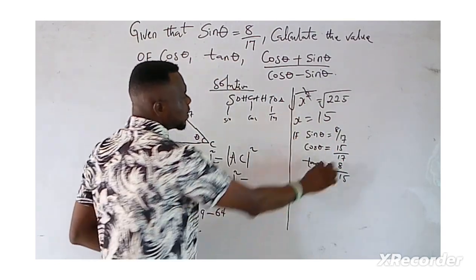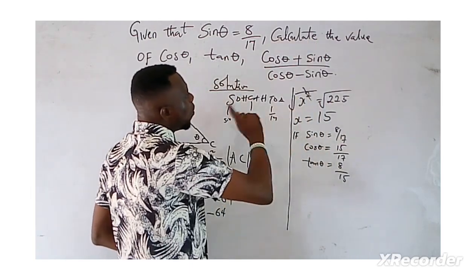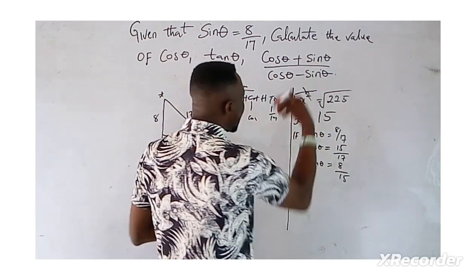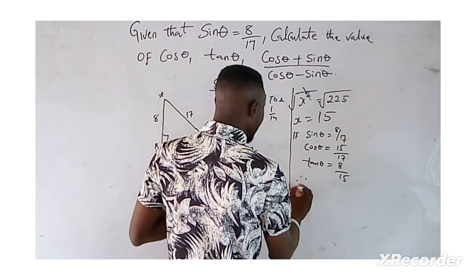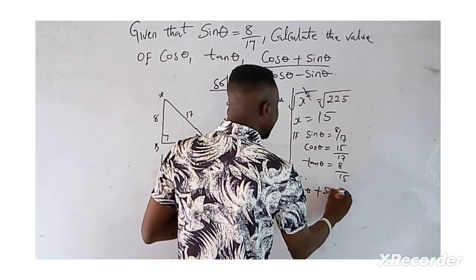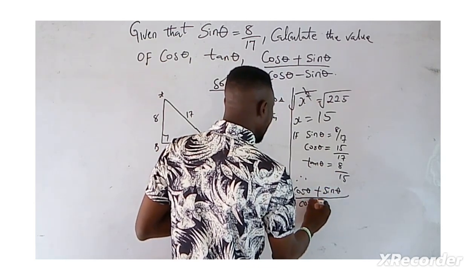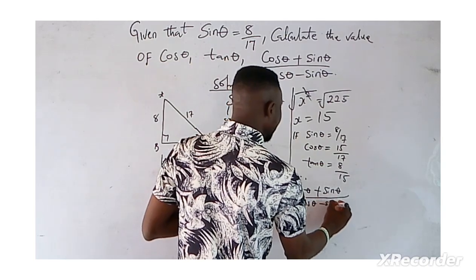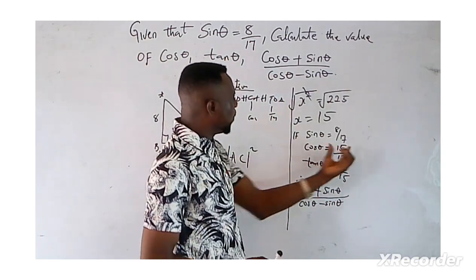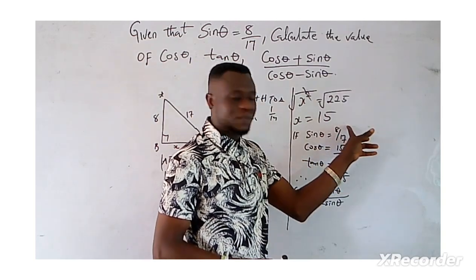Now, to use these values to solve cos theta plus sin theta all over cos theta minus sin theta, anywhere you see cos theta, you replace it with 15 over 17, and anywhere you see sin theta, you have 8 over 17.